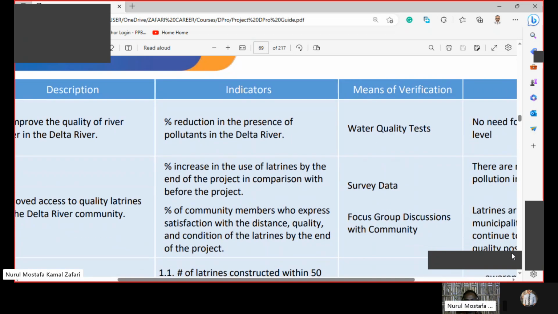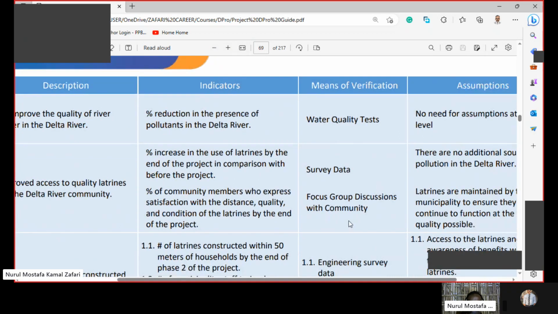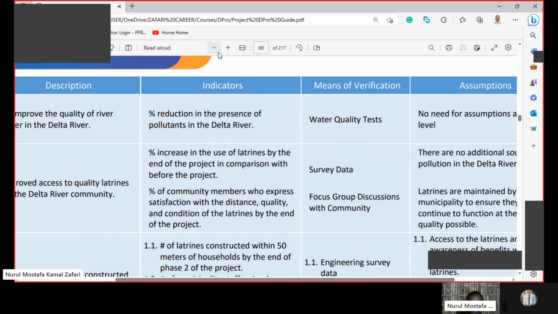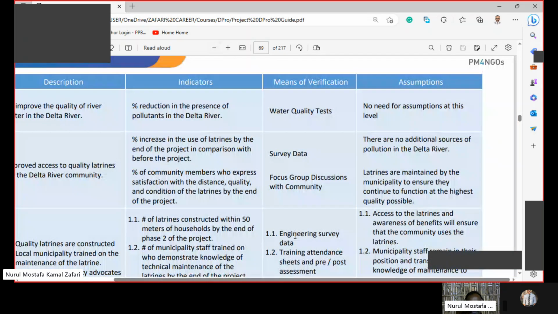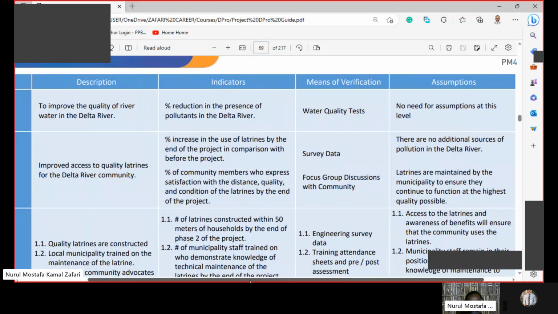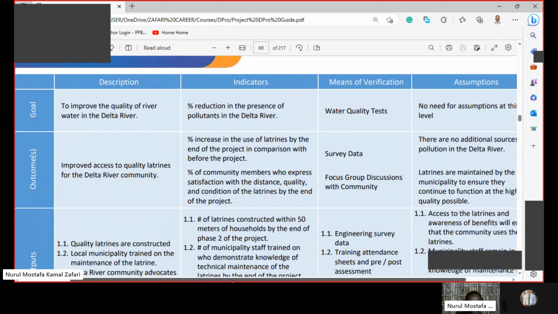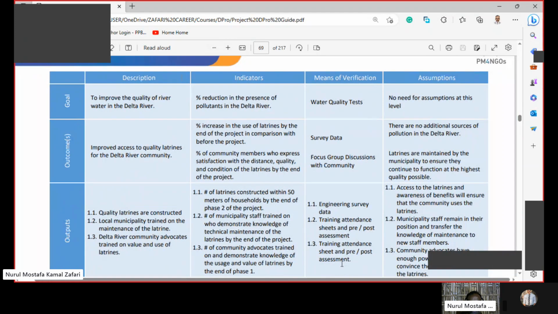So now let's see this logical framework, and let me make it smaller for you so that you can see it in a full picture on the screen.